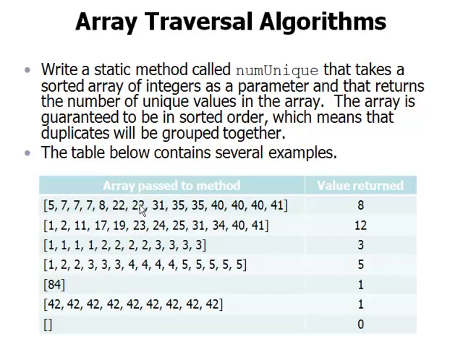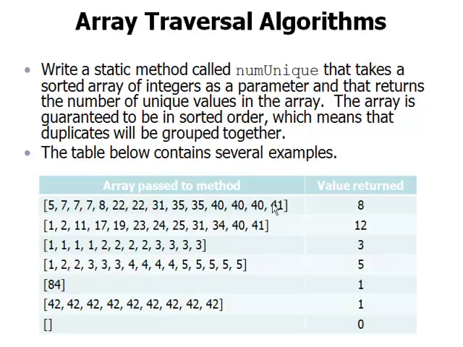It would stay at 4 here, go to 5 here, go to 6 here, stay at 6 here, go to 7 here, stay at 7 here, stay at 7 here, go to 8 here, and then we'd report the 8 right here.